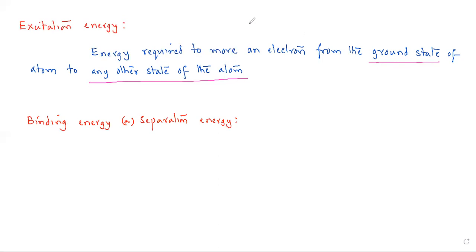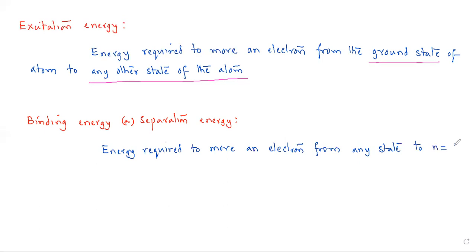So separating it from the binding of an orbit, right? Now let me say that it is the energy required to move an electron from any state, if it is in first orbit, second, any state, to n is equal to infinite, meaning complete removal.